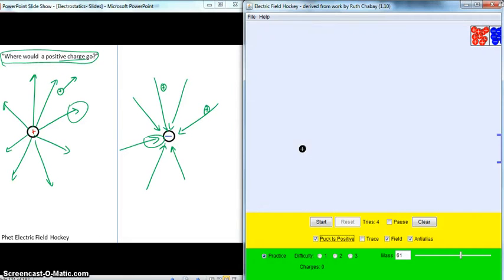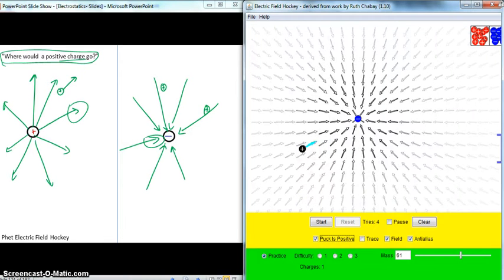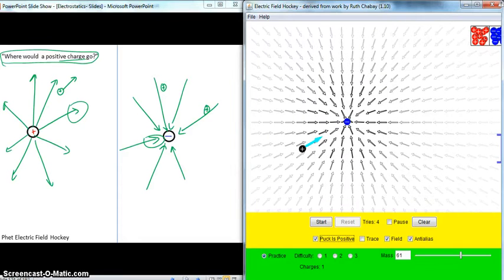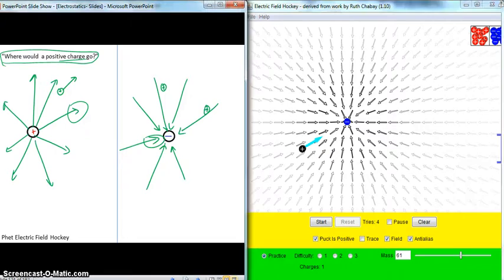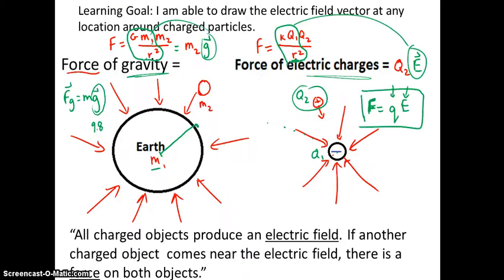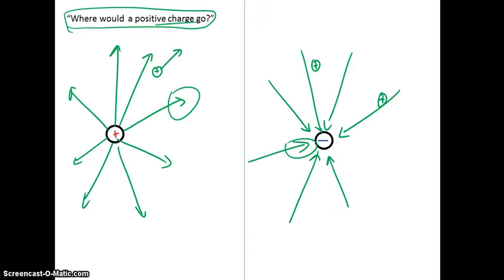If I change this instead to a negative charge, a positive charge would get sucked in towards it. So in terms of figuring out the direction, just think: where would a positive charge go? Now, as we get farther and farther away, you can imagine the electric field is going to get smaller and smaller.